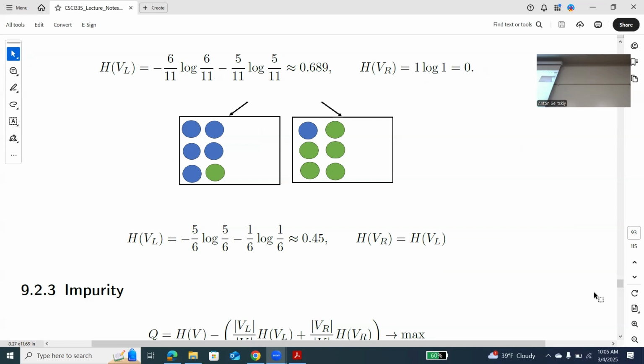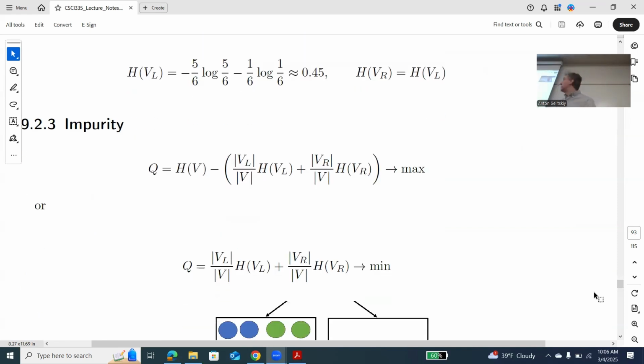So we should add one more ingredient in our impurity formula, which takes into account the number of points in each class, like balance. And this formula is called impurity quality. We add this fraction, the number of points in left class and the proportion of points in the right class.